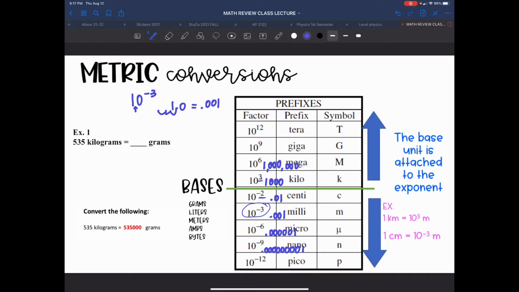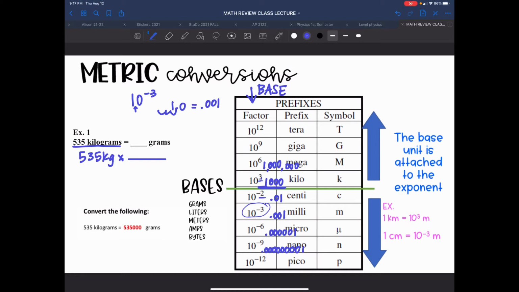So, if we wanted to change kilograms to grams, we would start with 535 kilograms. Well, what does my chart tell me? This says that there are 1,000 grams. These factors refer to the base. Okay, there are 1,000 grams in 1 kilogram.